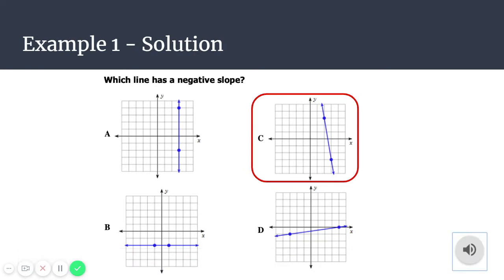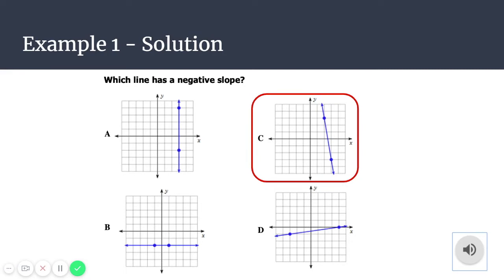And here we are for example 1 solution on day 4. The question asks which line has a negative slope. So thinking back to day 2, we are looking for the line in which as you move from left to right, it is falling or moving down or decreasing.